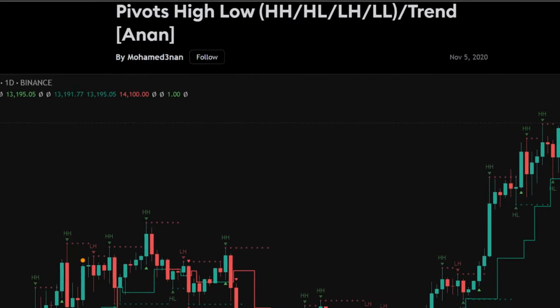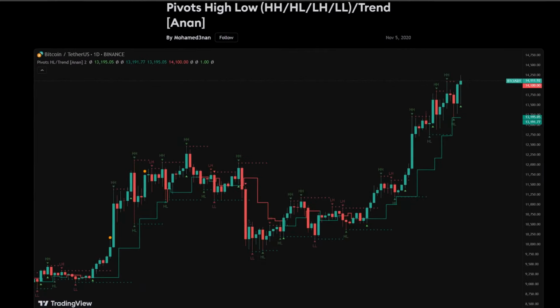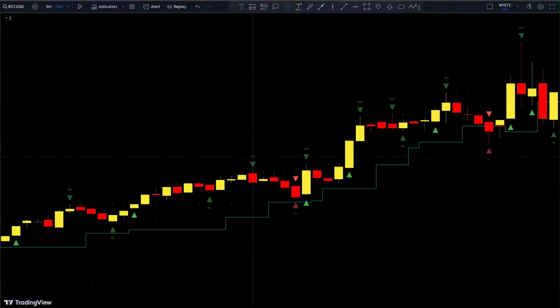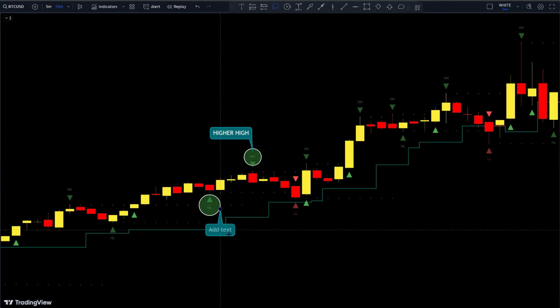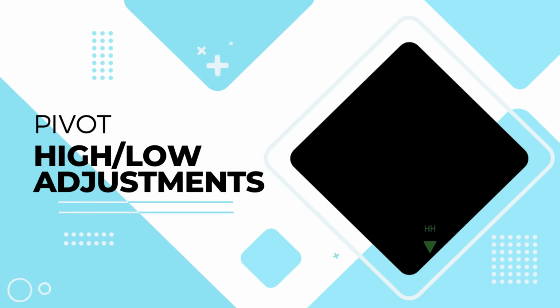This powerful indicator shows us crucial levels like higher highs, higher lows, and lower highs.